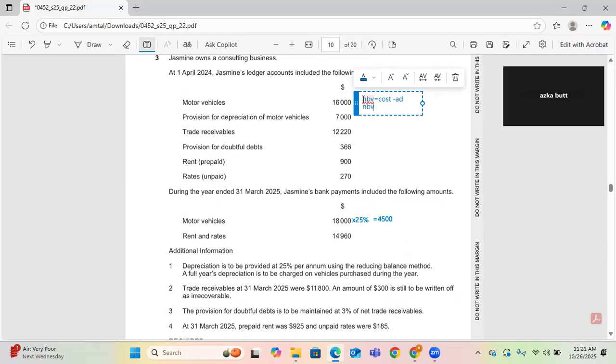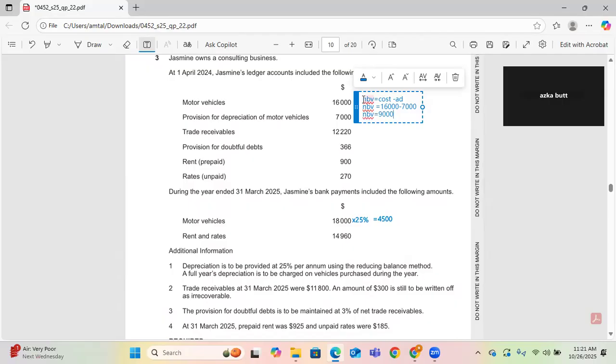Cost is 16,000 and minus depreciation is 7,000 till now. So how much is it? 16,000 minus 7,000 is equal to 9,000. So NBV is equal to 9,000.